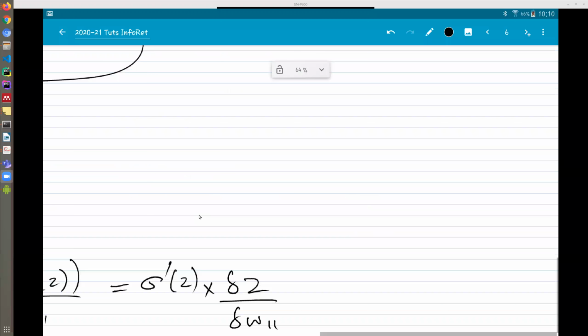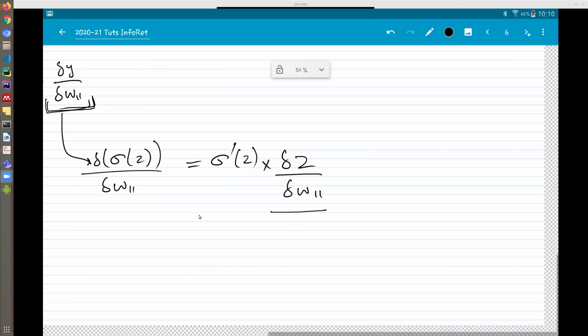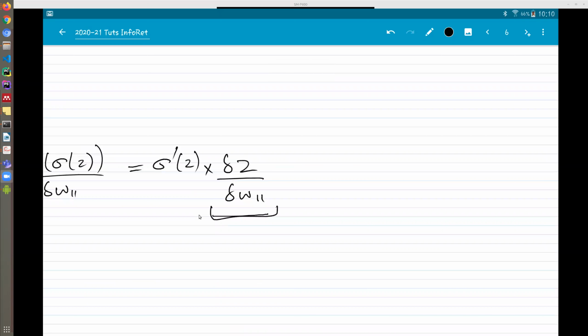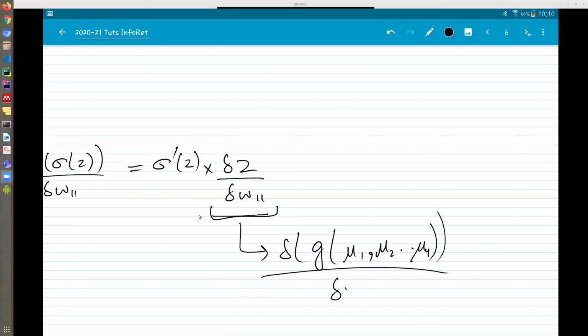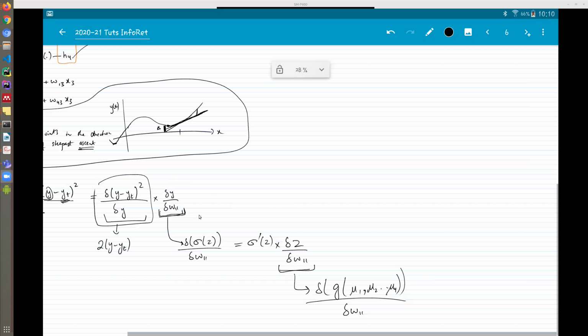As we write a function f of x, where x is the variable, here our weights are the variables. So we can write this as partial of g of mu1, mu2, mu3, and mu4 with respect to w11. This is the definition of z.